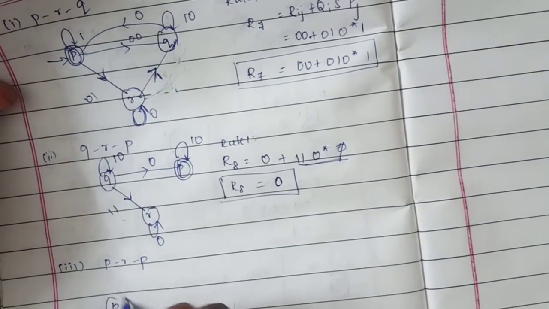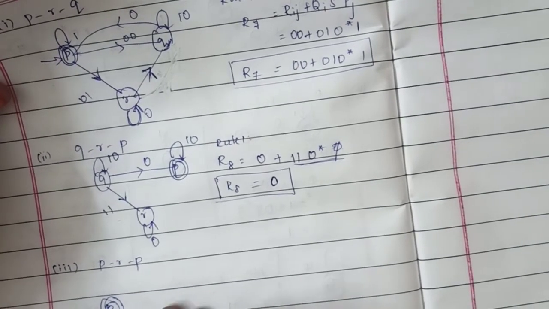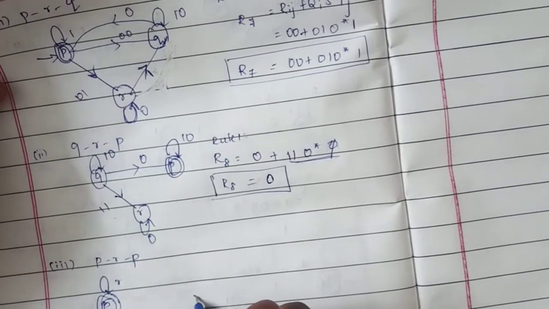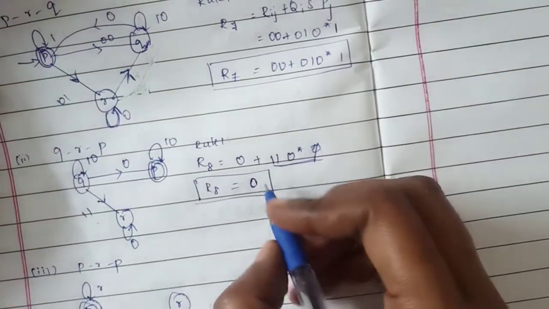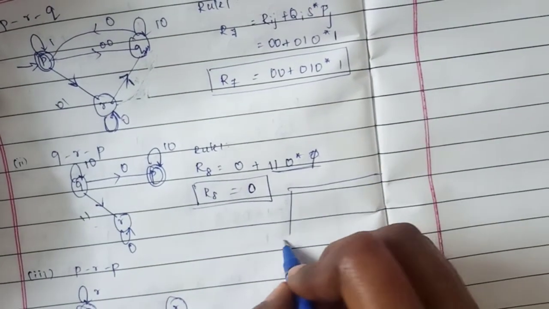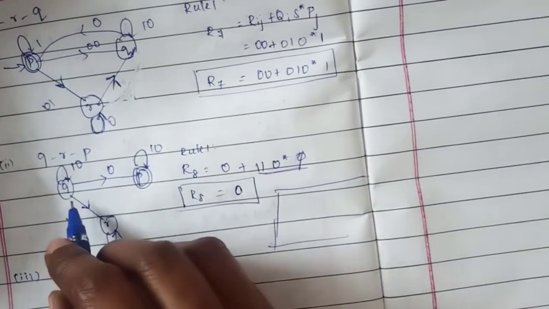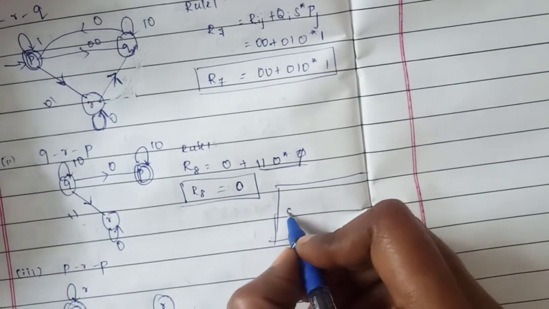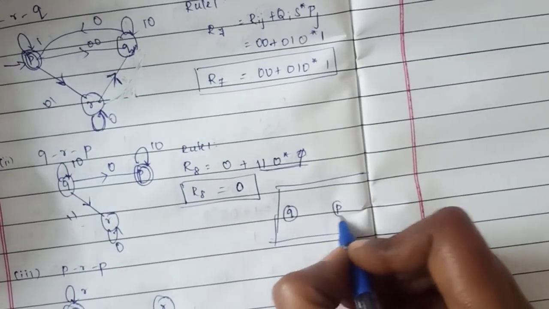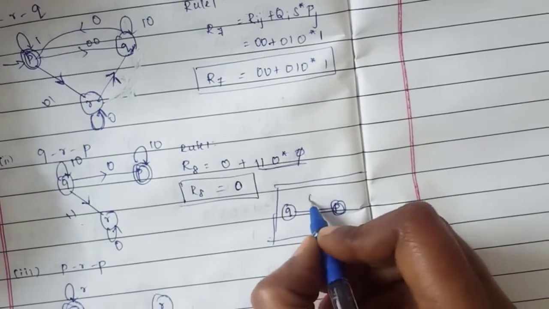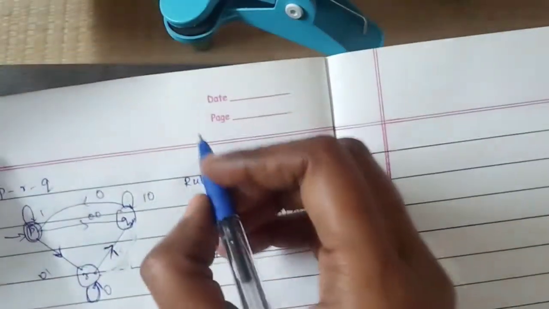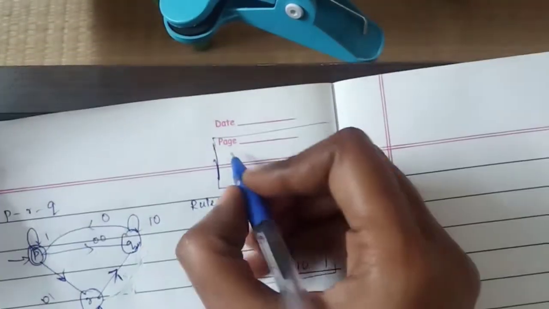So here P, and we have this R, right? So after this one, you have to redraw everything, right? So this is QRP. So Q to P you will get 0, and similarly when you have for this diagram P to Q, right?